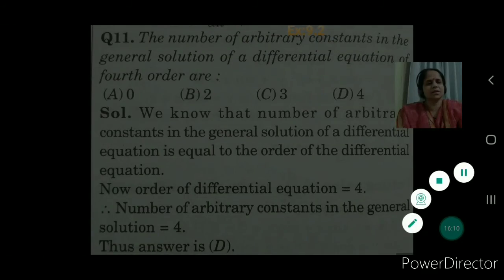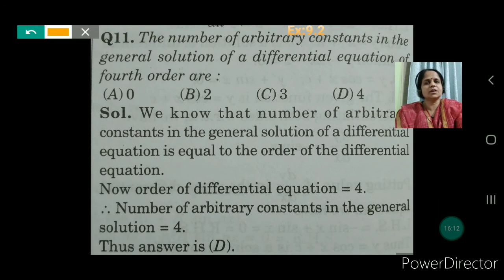Now question number 11. You have to find the number of arbitrary constants in the general solution of a differential equation of fourth order. So here the answer is 4. Since we know that the number of arbitrary constants in a general solution of a differential equation is equal to the order of the differential equation.